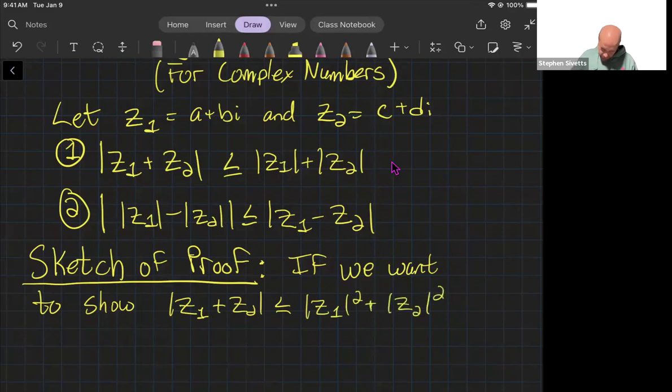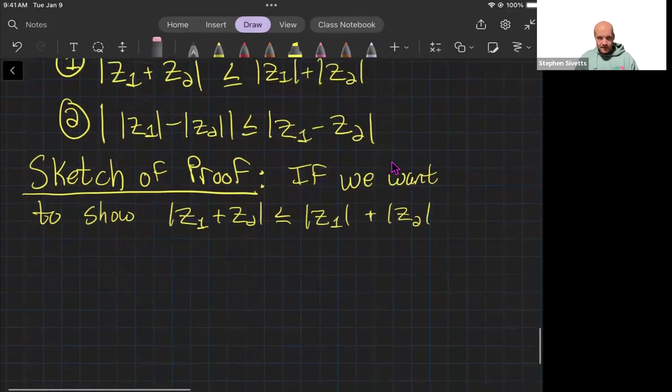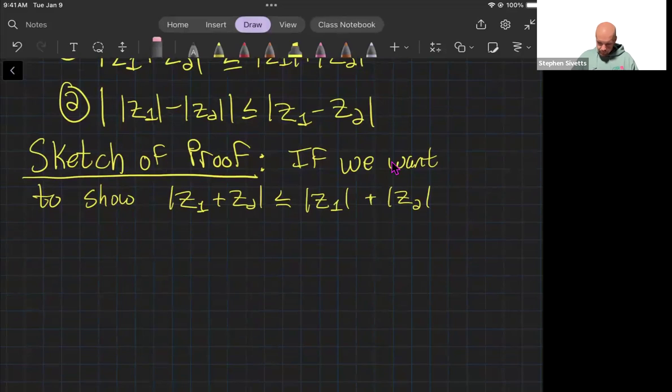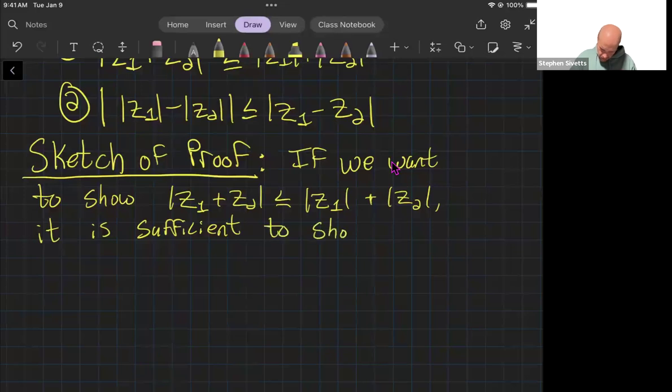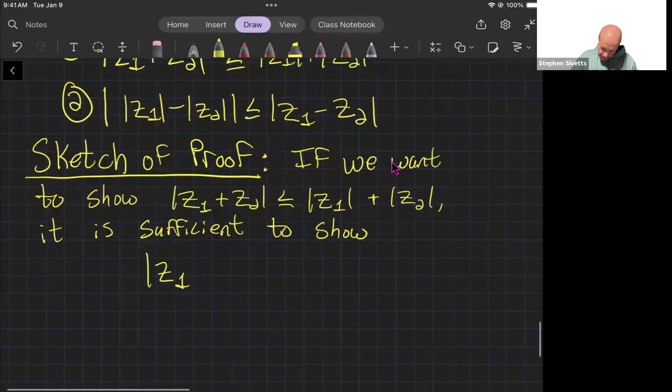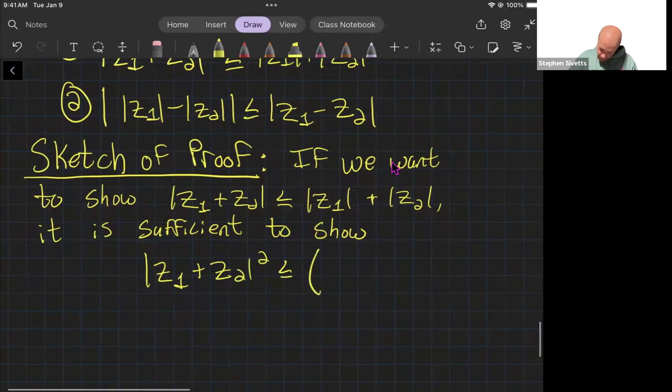Not squared, z1 plus z2, that's what I meant. It is sufficient to show, so if we square both sides, it's equivalent to showing this statement, okay? The modulus of z1 plus z2 squared is less than or equal to this quantity plus the length of z2 squared.